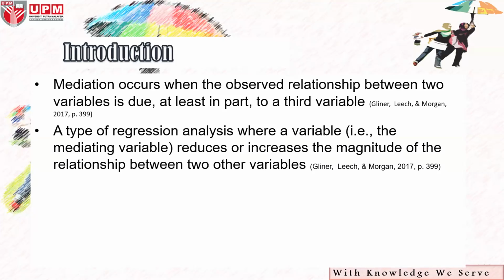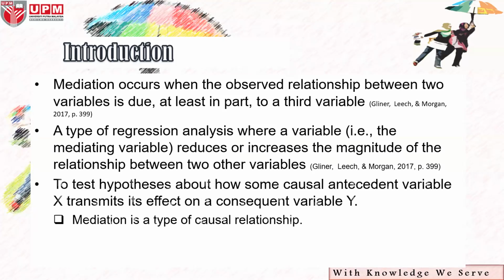So meaning to say, before we are able to run the mediation analysis, the IV and DV ni at the first place memang dah ada hubungan. IV dengan DV ni memang ada hubungan. It just maybe a certain amount of the relationship ni happen due to the third variable.